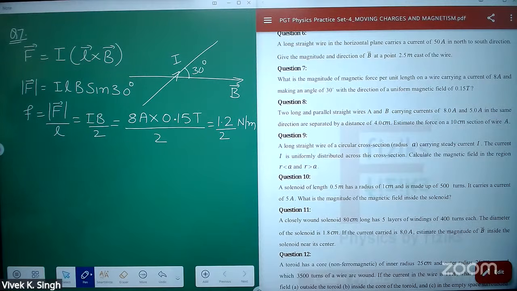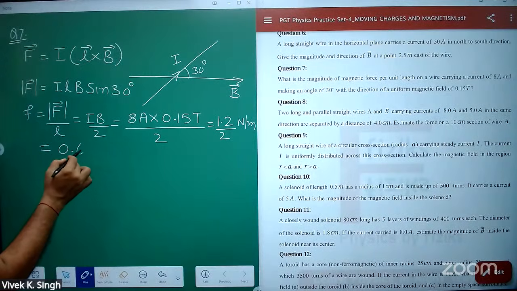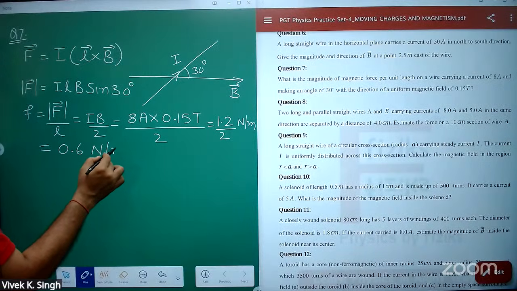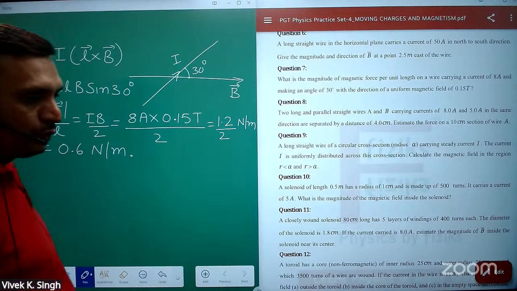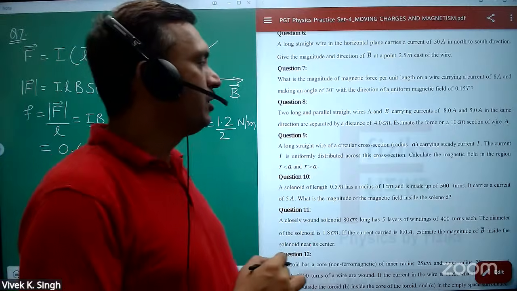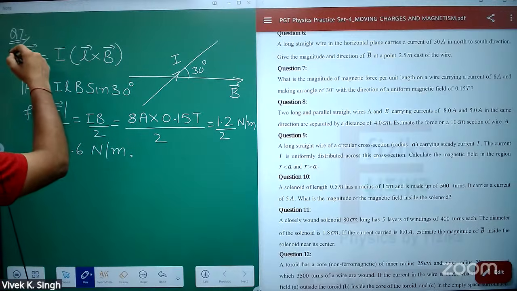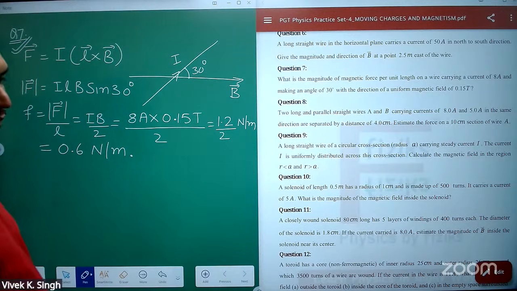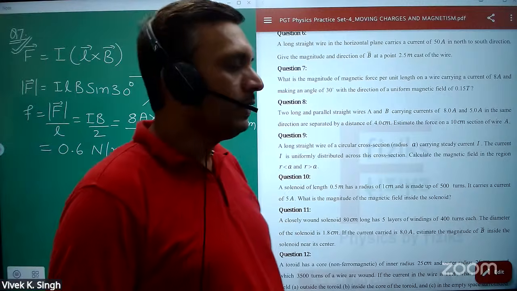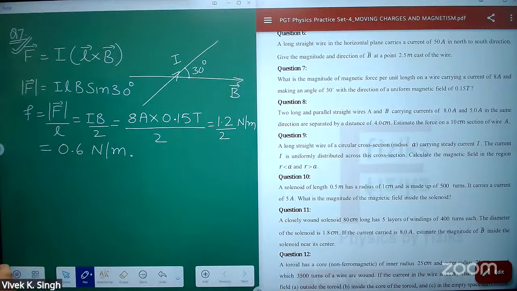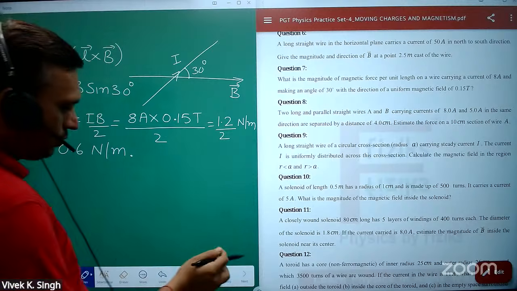And then this value will be 0.6 Newton per meter. This will be force per unit length experienced by this wire. So you have to see application of force on a current carrying loop. Clear? Now see next question.